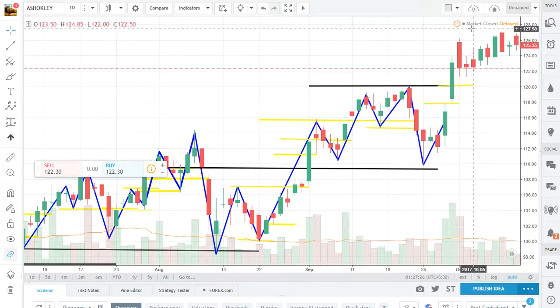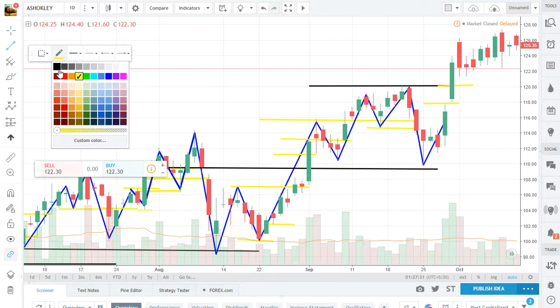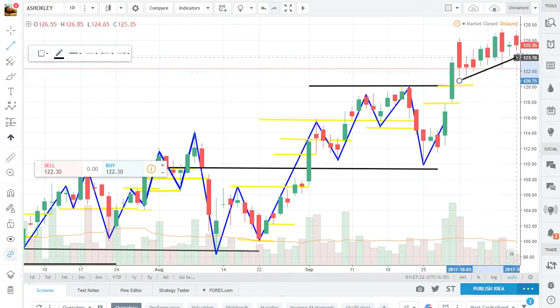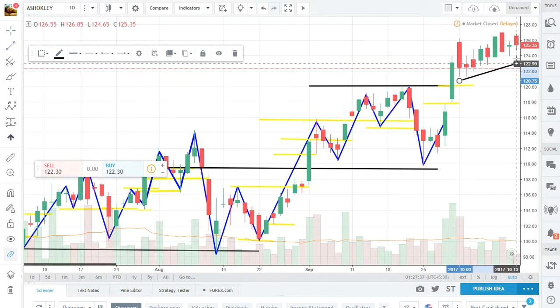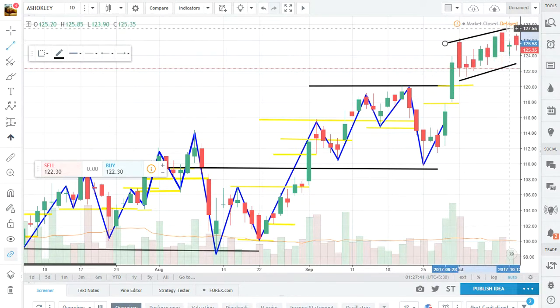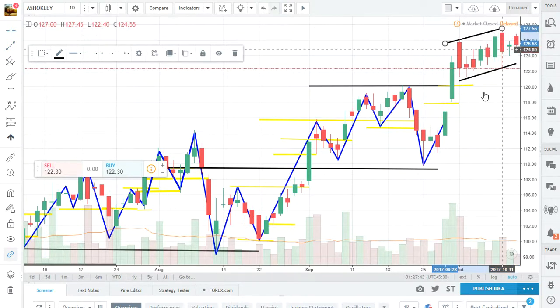But it is making a pattern right now. If you see, it is moving in a channel, and it is continually going to the upside.